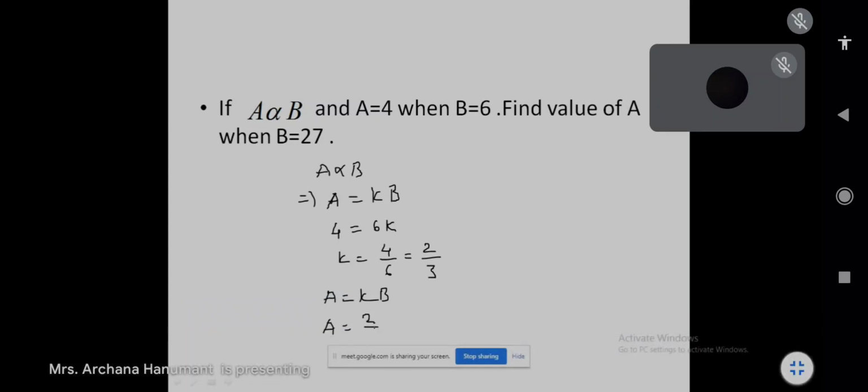I will put here the value 2 by 3 into b is 27. So 3 into 9 is 27, and 9 into 2 is 18. So a is equal to 18. This will be the value of a. Okay. Everyone got this?